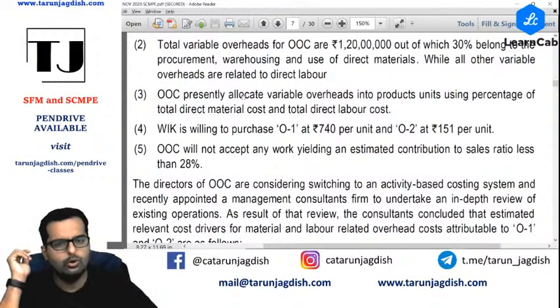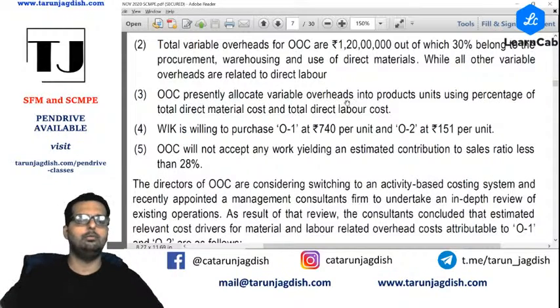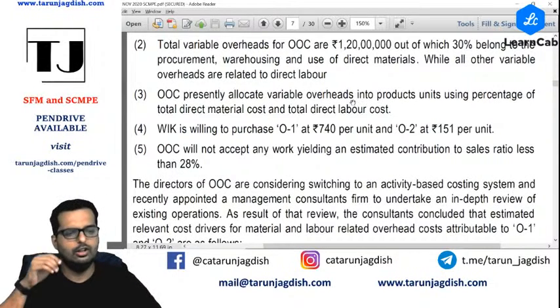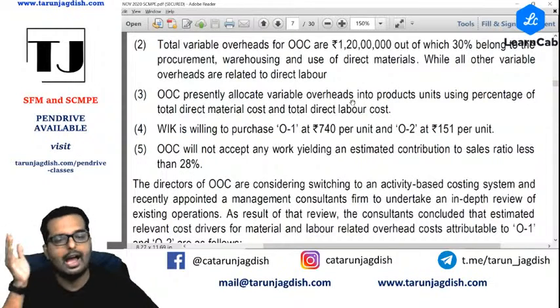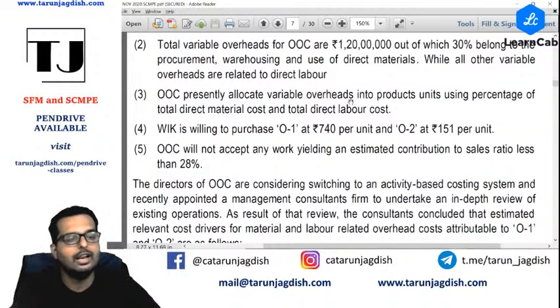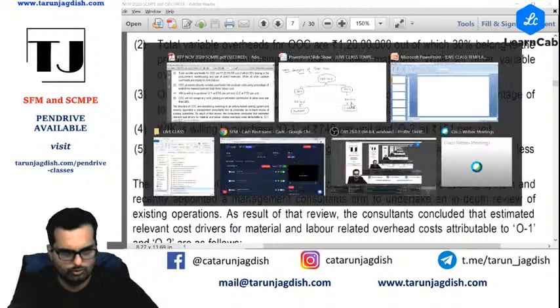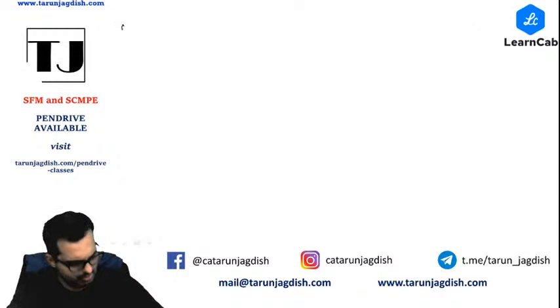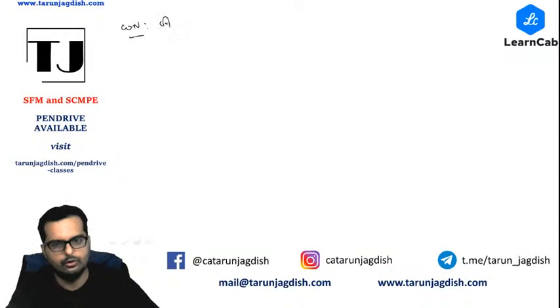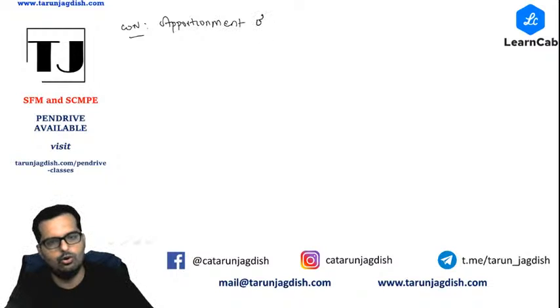Everybody clear? OOC presently allocates variable overheads into the products using percentage of total direct material and percentage of total direct labor cost. So let's do that over here. Next working note heading would be apportionment of material cost.